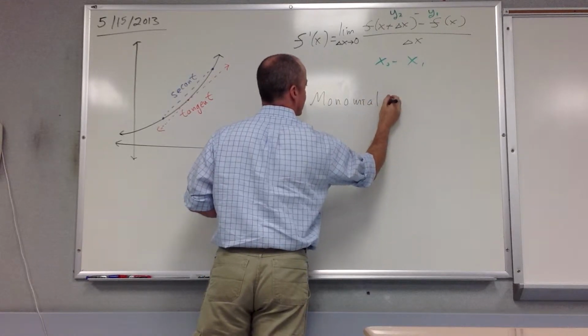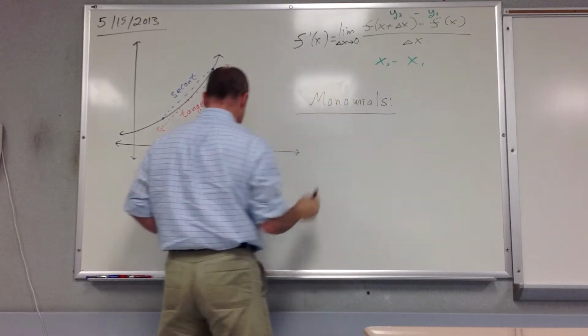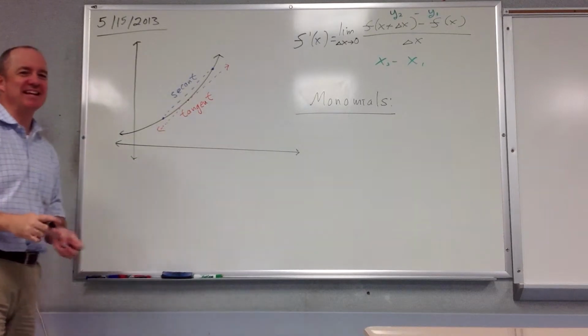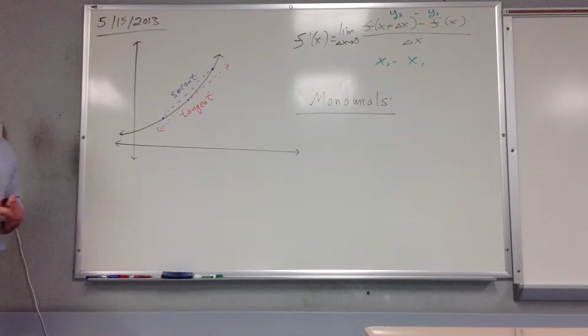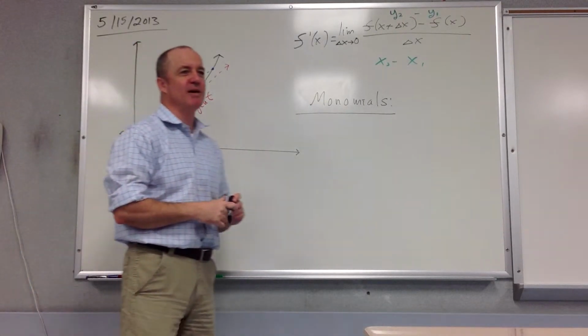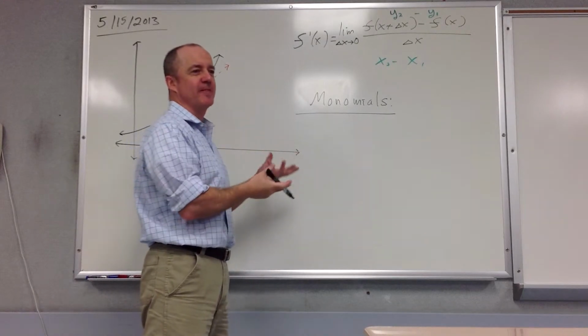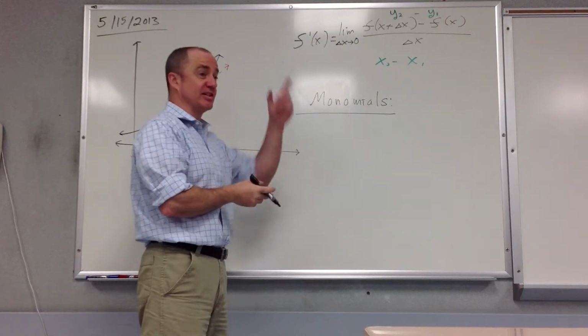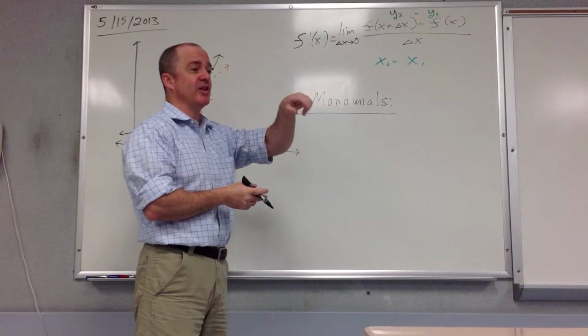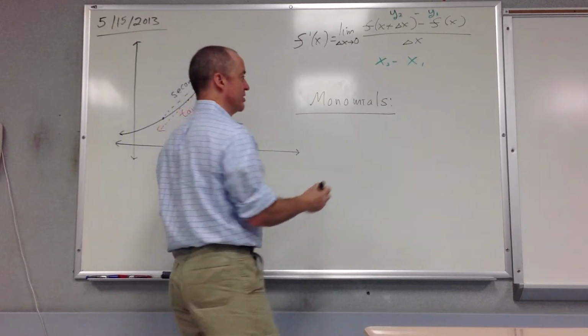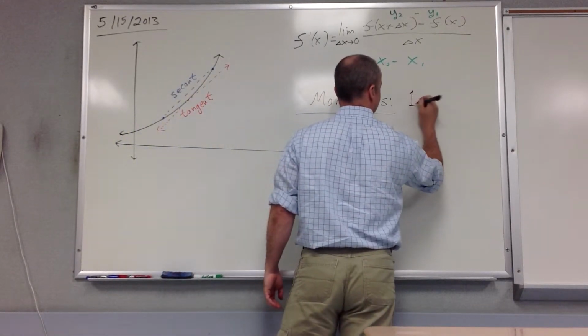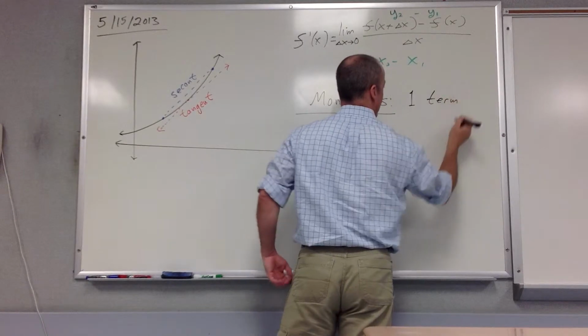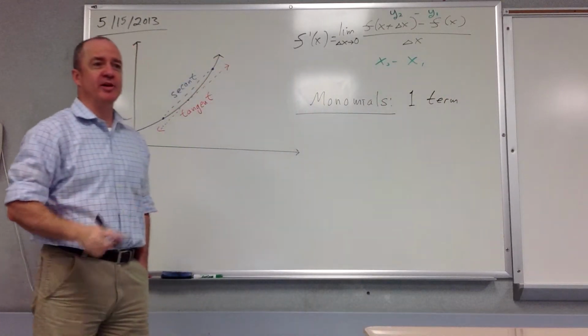Monomial with one. I get what you're trying to say, Diego, but can anyone say it a little bit more precisely? A monomial is a type of polynomial. It is a type of function, true. It's a polynomial. How many terms does it have? One. One term. That's what I was trying to say. Couldn't think of one term. All right. A one-term monomial.